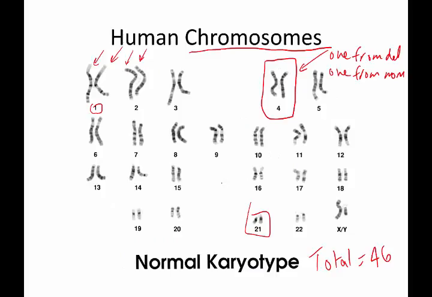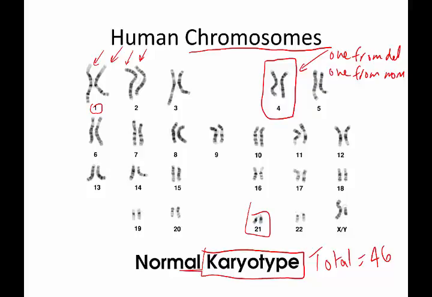So we'll come back to this idea that you have half your chromosomes from dad and half your chromosomes from mom a little bit later in this lecture when we talk about homologous chromosomes. So what we've just gone over is called a karyotype. So karyotype essentially shows all the chromosomes within one of your cells. So it can be very helpful for diagnosing certain genetic diseases.